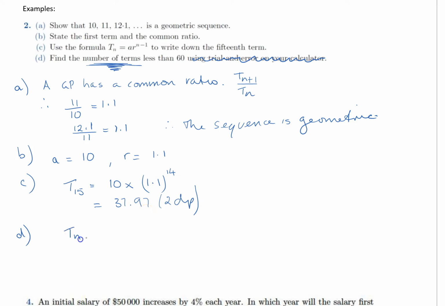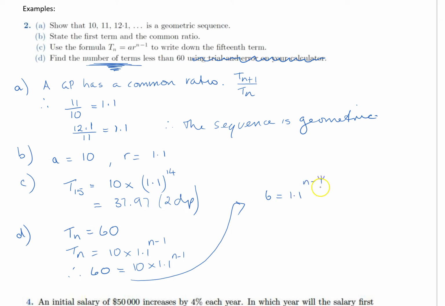So we are saying Tn is 60. How do you get Tn? Well, Tn is 10 times 1.1 to the n minus 1. Therefore, we've got that 60 is 10 times 1.1 to the n minus 1. Divide both sides by 10, and so we've got that 6 is equal to 1.1 to the n minus 1. Now, remember, what this is going to give us is the nth term that is actually 60.